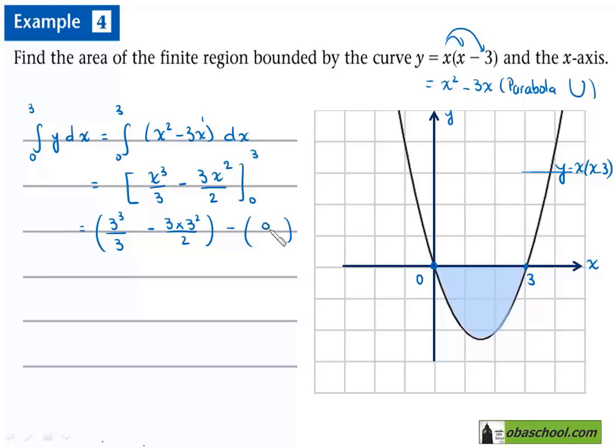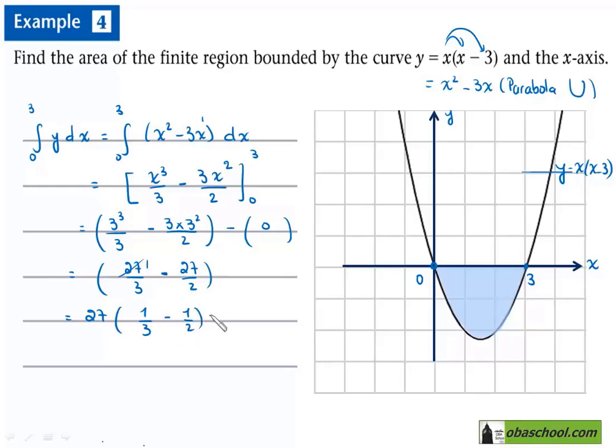Now let's calculate the first part. 3 to the power 3 is 27 over 3 minus 3 times 3 squared is 27, so 27 over 2 minus 0. As you can see, the 27 is repeated, so we put it outside. That means 27, what remains is 1 over 3 minus 1 over 2.